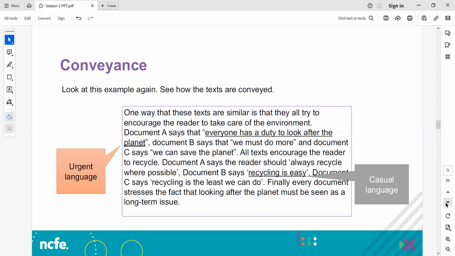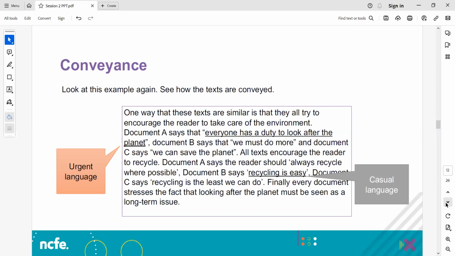So to improve this answer, you can see the boxes at the side. Document A uses urgent language. So we're trying to explain in our answer how the texts are conveyed. Document A uses urgent language to say that everyone has a duty to look after the planet.